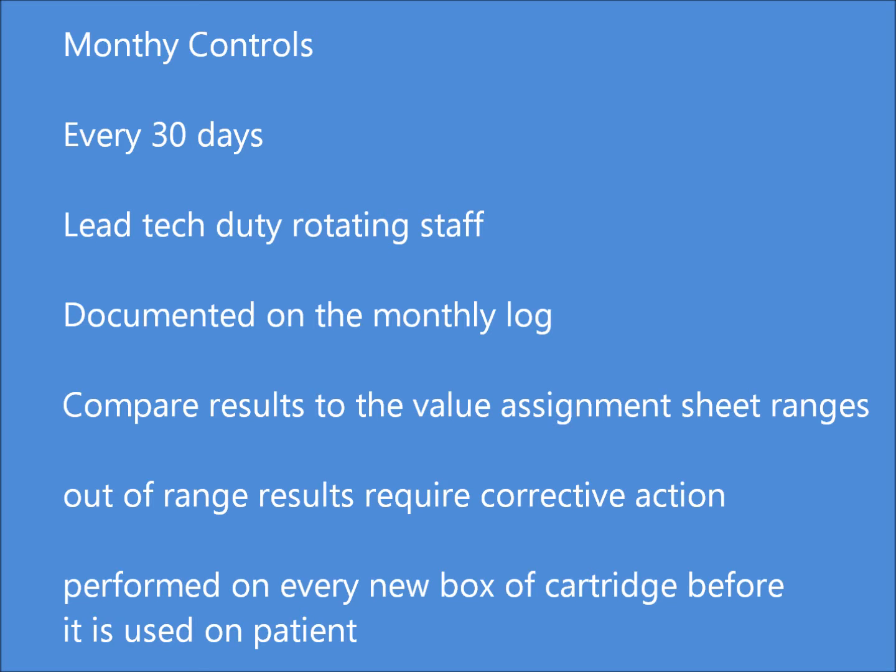The value compliance criteria is found on the Abbott Laboratory Value Assignment Sheet, and out-of-range results require corrective action, so notify your supervisor if any analyte is out of range. Controls must also be performed on every new box of cartridges before it is used on the patients.